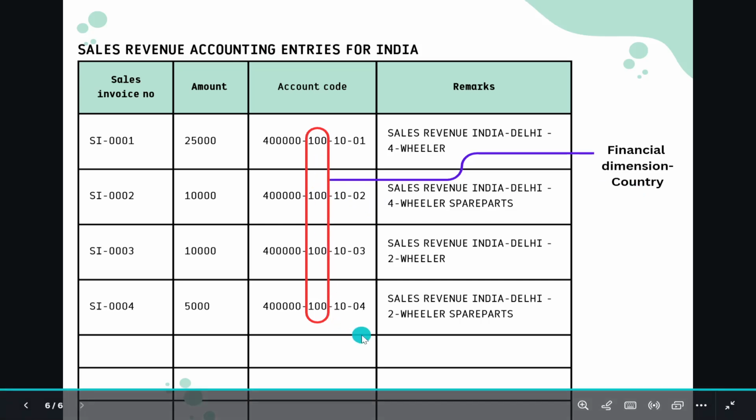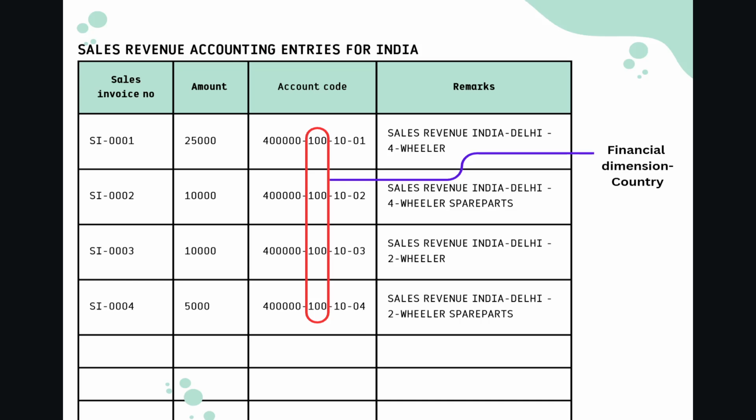The advantage of setting up this way of representing a financial transaction is done as a setup in the F&O general ledger application, and this structure is called financial dimension.